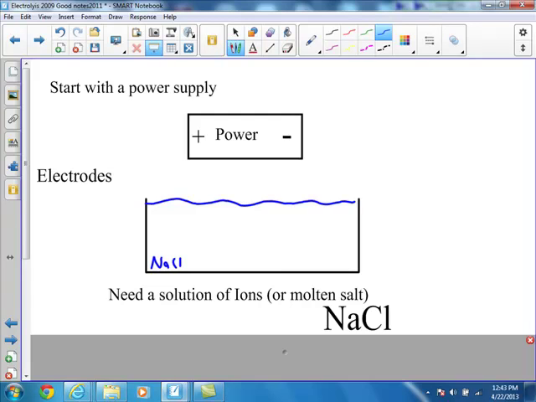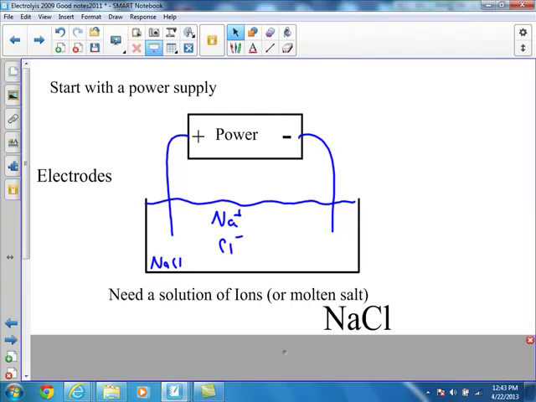Then you're going to have wires connected from the positive and negative side into the solution. This is the positive side over here, and you have Na+ ions and Cl- ions in the solution. This is the positive side, that's the negative side.